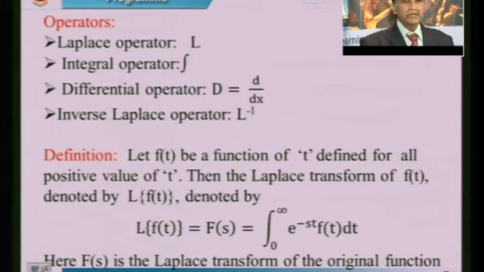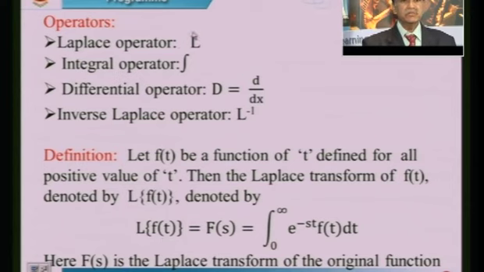That means the function is given in terms of t, and applying Laplace transform you get the final result in terms of s. In inverse Laplace transform, you will be given the statement in terms of s, and you need to solve that function of s by applying the Laplace inverse, and you must get it back, that is f of t.